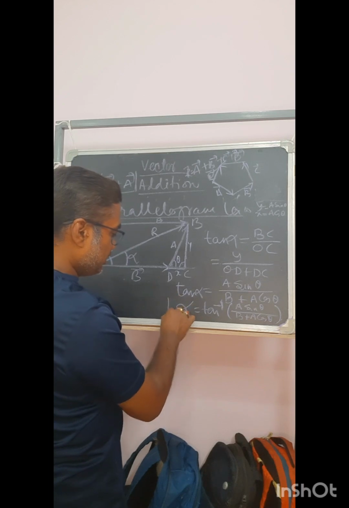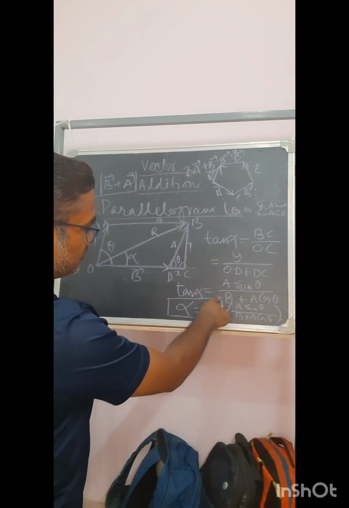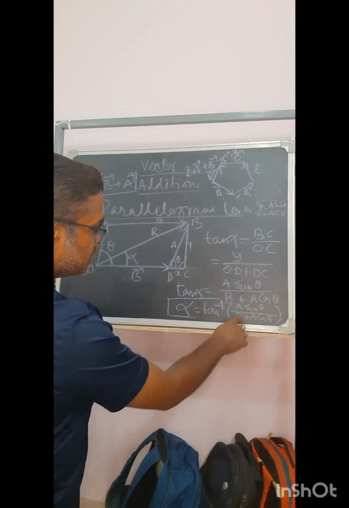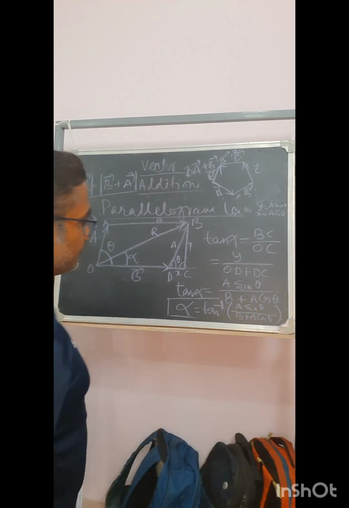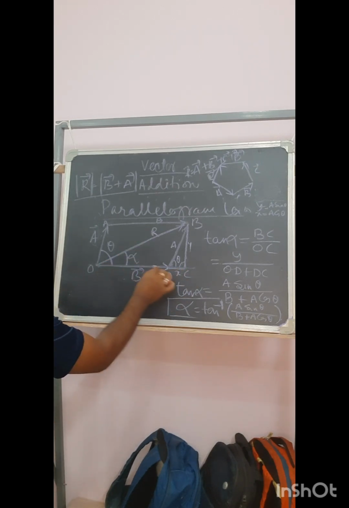But ultimately the angle I will represent with alpha is equal to tan inverse. It's called tan inverse of this. Okay, so this is the angle which you will make with the vector b.